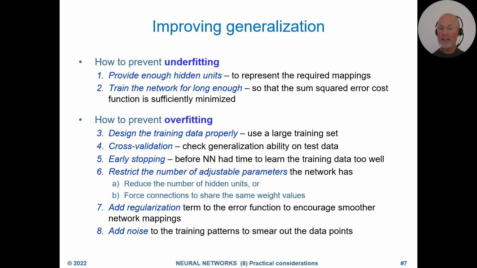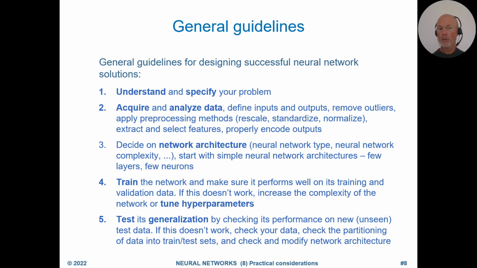We can apply early stopping before we come to overfitting, or restrict the number of adjustable parameters, either by reducing the number of hidden neurons or forcing connections to have shared weights. We can also add regularization in order to make a smoother mapping of the network, or add some noise, which also improves generalization.